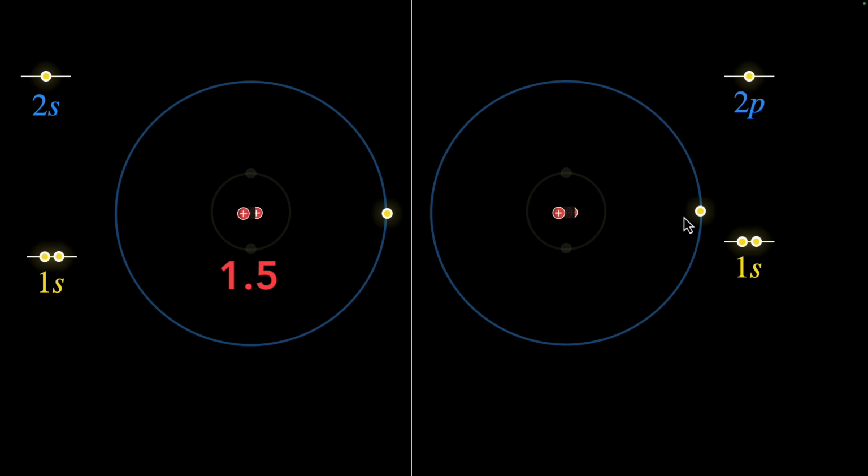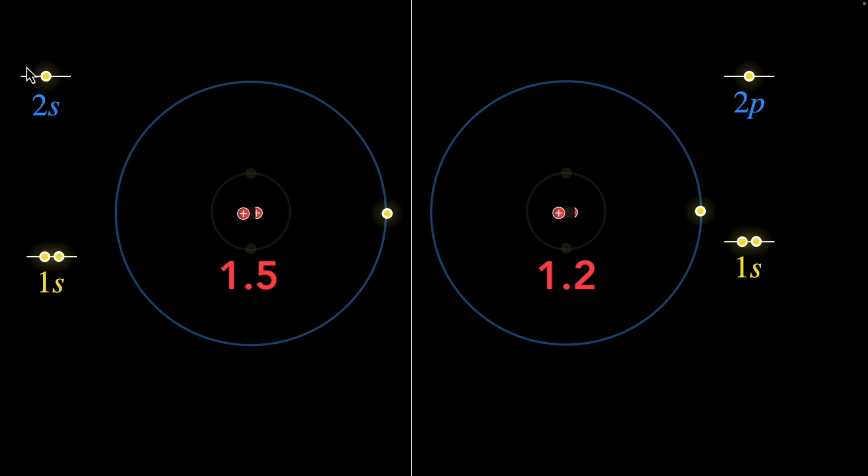And so it would experience a pull of, let's say, not 1.5, just 1.2 protons as an example. So look, in which case is it easier to pluck the electron? In this case, it's much easier, even though in both cases the electron is in the same shell, because here it experiences a lesser effective nuclear pull. It's much easier to pluck the electron from here compared to here.